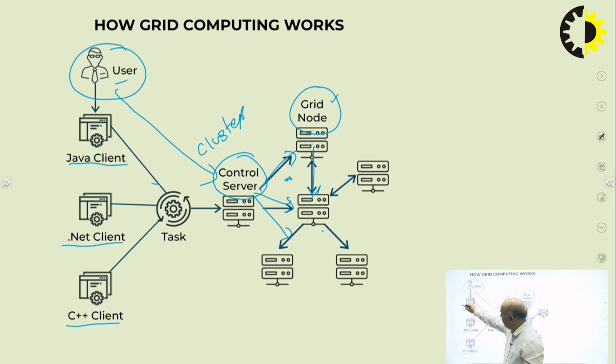Let's suppose we are giving a problem where JavaScript is being executed. This request will be sent to the control server, which gives it to the grid nodes, where different nodes will break down this problem into sub-problems. They execute the problem at their end, give it back and send it to the user, so that the user can see the outputs.